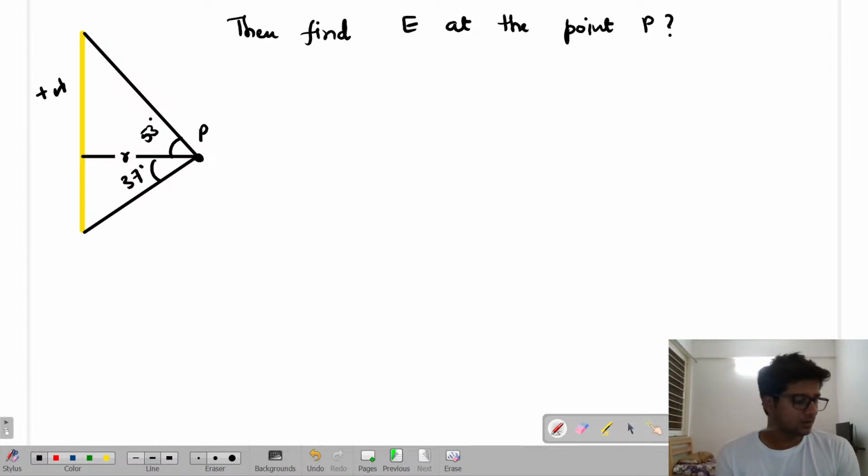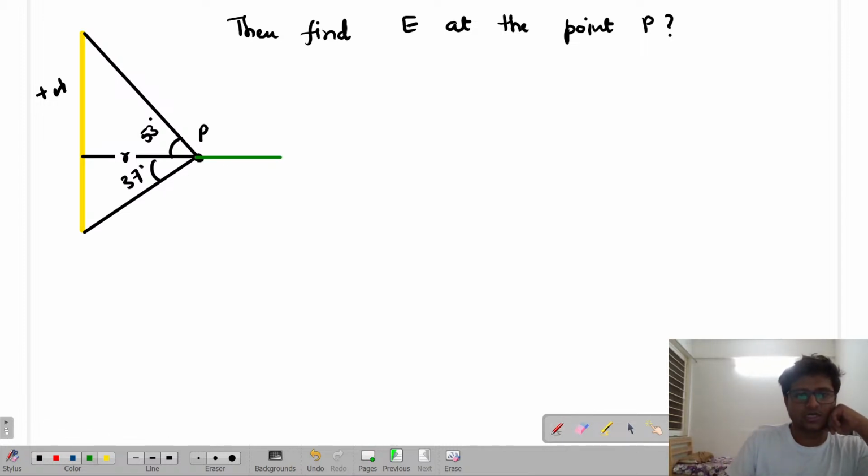Yes, you have to do that. Simple. Look over here. Once again, I'll have a perpendicular component and a parallel component. First, find perpendicular and parallel.